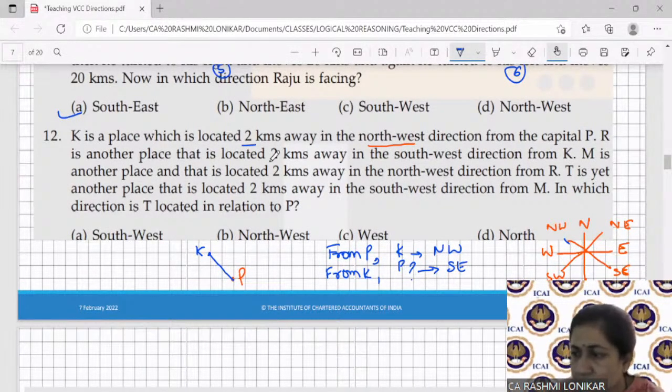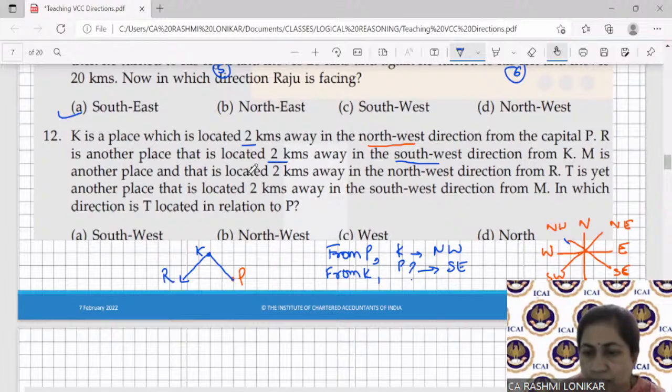Now R is another place which is located 2 kilometers away in the southwest direction from K. This is my K. Where is the southwest direction? This direction, so R is located here.